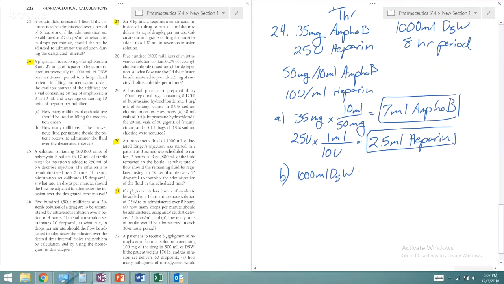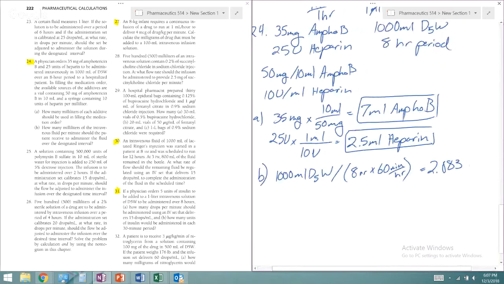Then you just divide that by 8 hours times 60 minutes an hour. You find that that is 2.083 milliliter a minute.